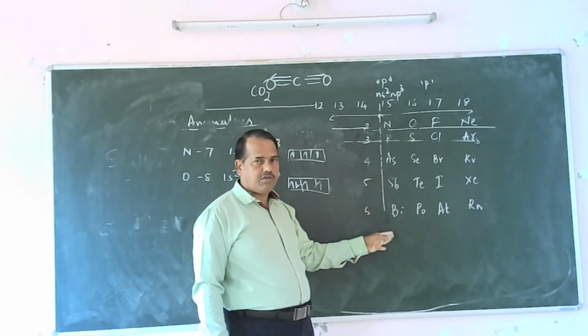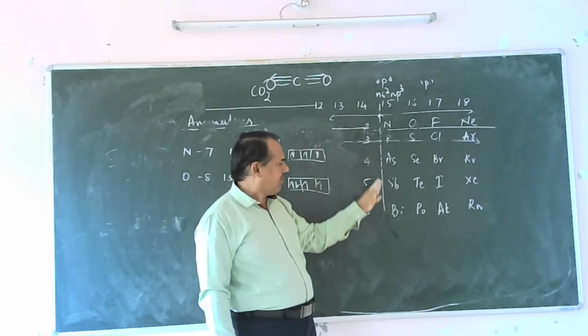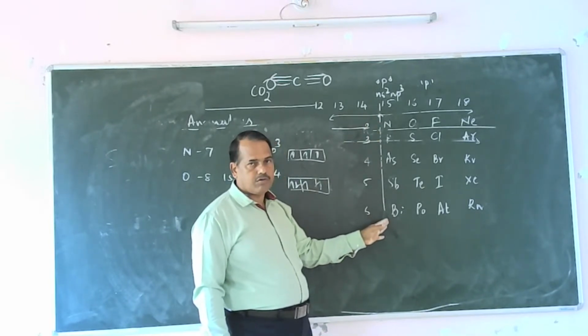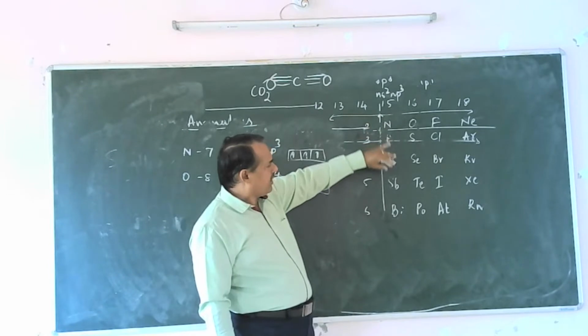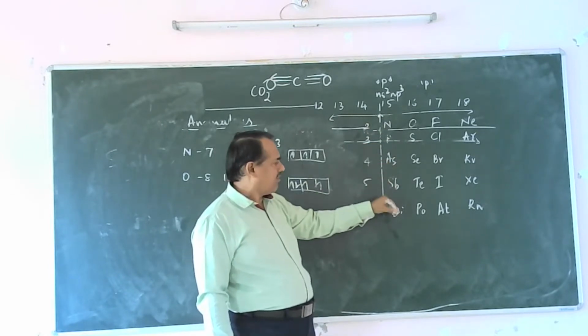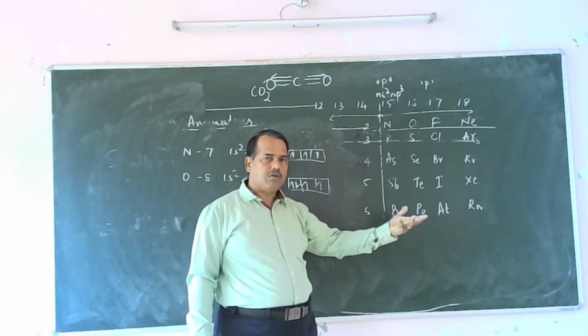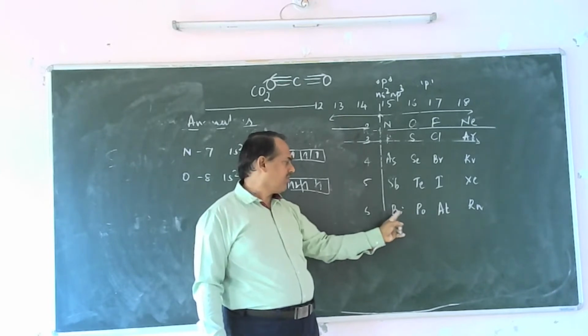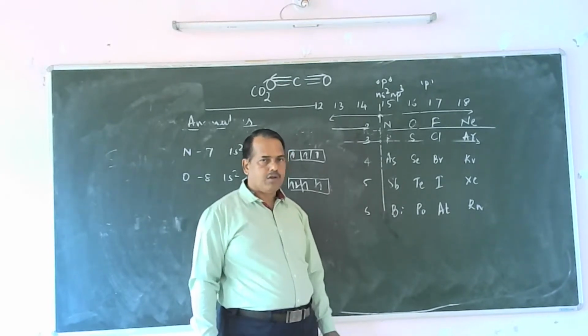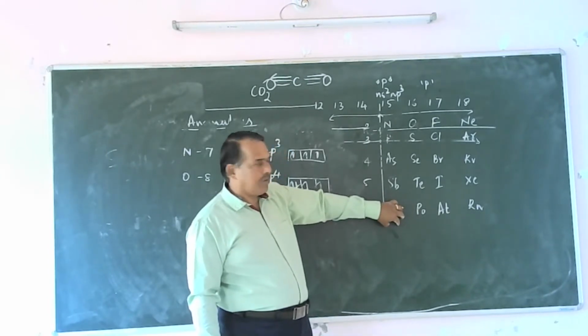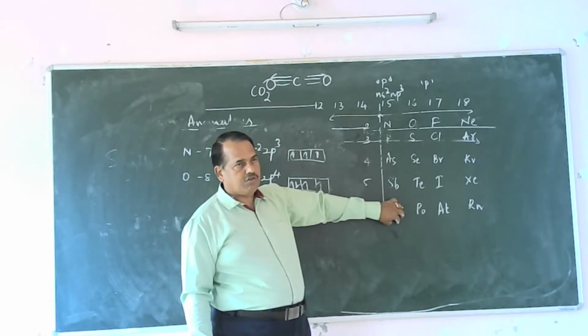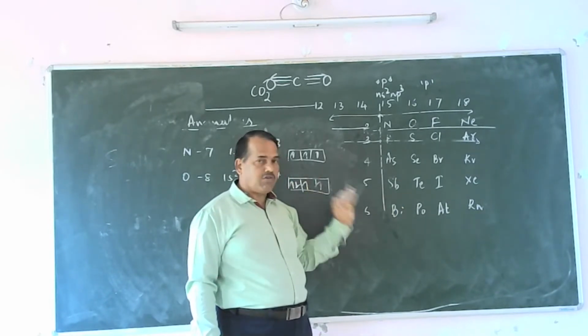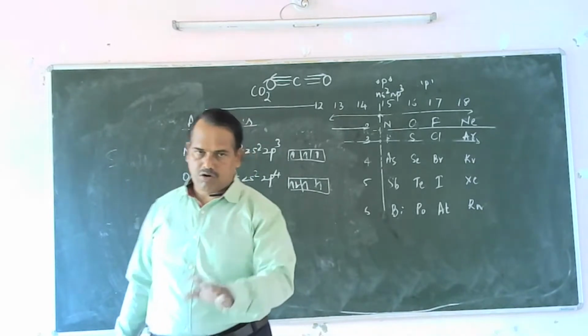Electron gain enthalpy also decreases. Electronegativity also decreases. As electronegativity and electron gain enthalpy decrease, electropositive character increases. Again, other reasons you have to remember for why bismuth is a metal: it is due to the inert pair effect as well as poor shielding of inner electrons.